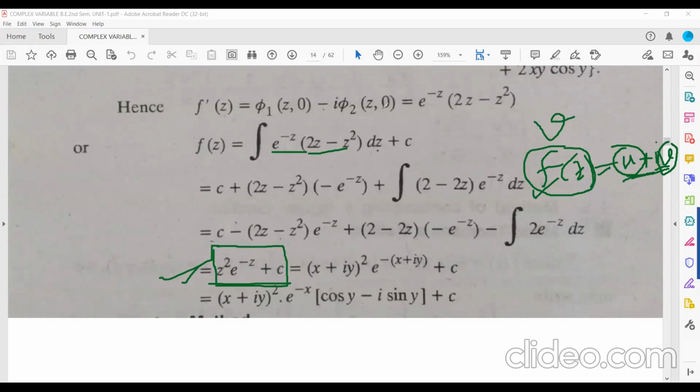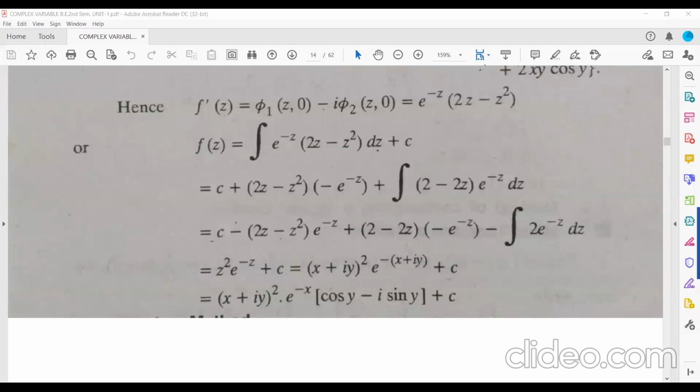And then you have to use this result again, and then you integrate it, you will get your required analytic function. Tell me if anyone has any doubt here in finding this one. So very simple here.